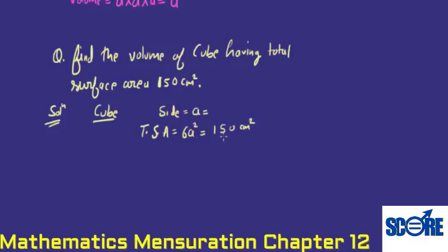Now 6a square is equal to 150. Solving this equation, we get a square is equal to 150 divided by 6, that is equal to 25. So as a square is equal to 25, the value of a is 5, or we can say the side of the cube is 5 centimeter.